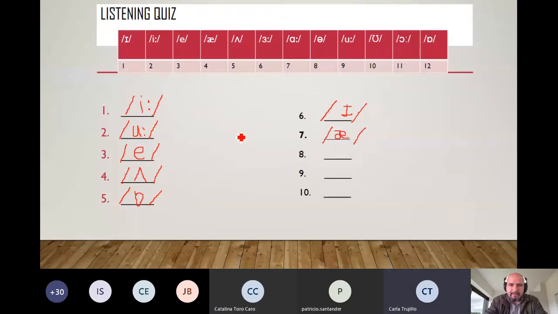Okay. 8. 11. Exactly. 11, long O. Correct. 6. Excellent. And finally, 10. Number 10. Correct. And it's short.